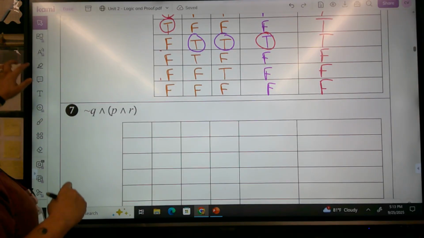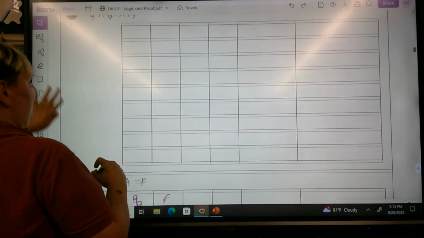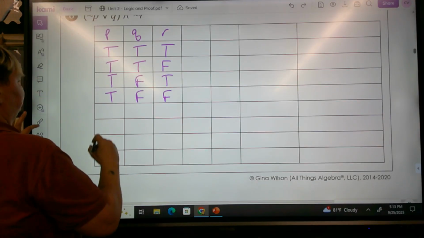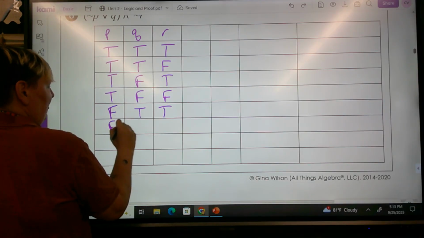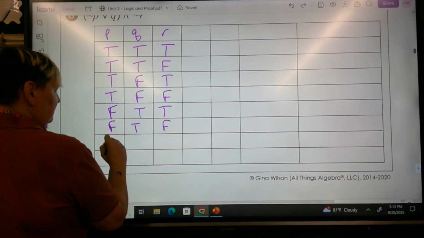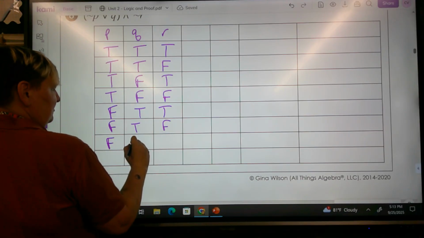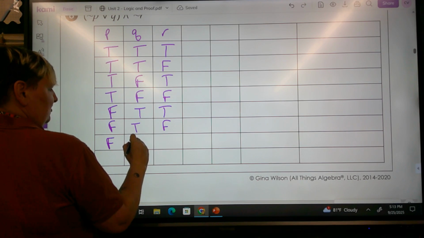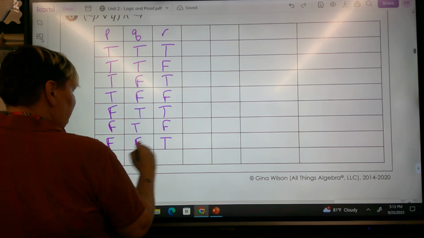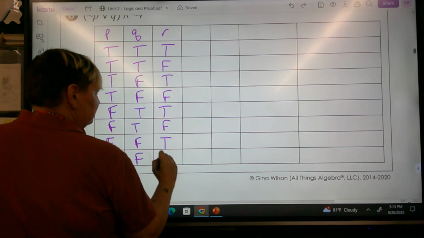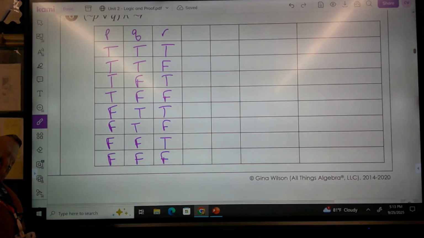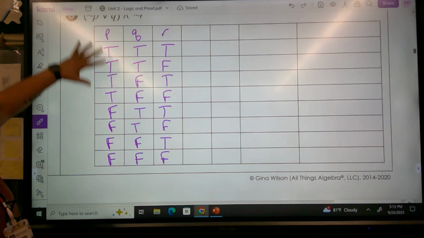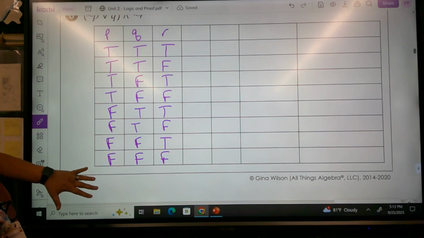False, true, true. False, true, false. False, false, true. And then false, false, false. I'm trying to keep it in the same order because if you did what I said and you copied your pattern, then this is what it should look like already.